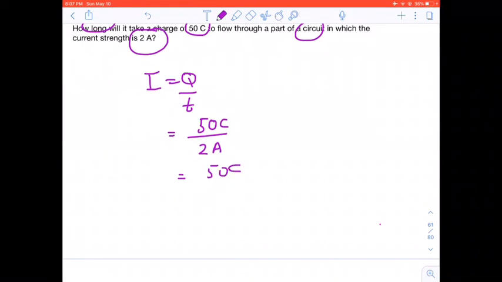And 2 amps is the same as 2 coulombs per second, since an amp is equal to a coulomb per second, which means the coulomb cancels out here, and we have 25 seconds.